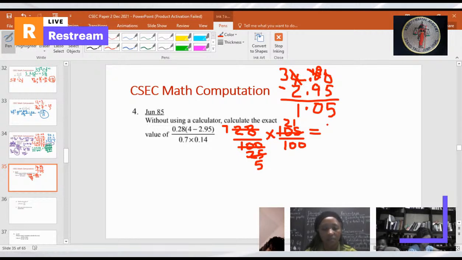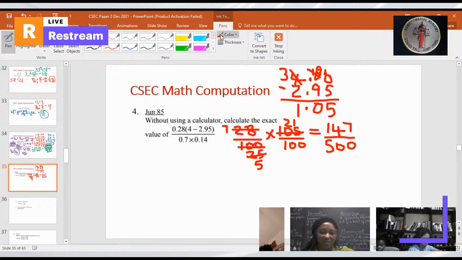Miss, the numerator, that would be 7 times 21. Which is, miss, 147. Mhm, and then, miss, 5 times 100, which is 500. All right, so we're going to leave this as is and then work out down here.